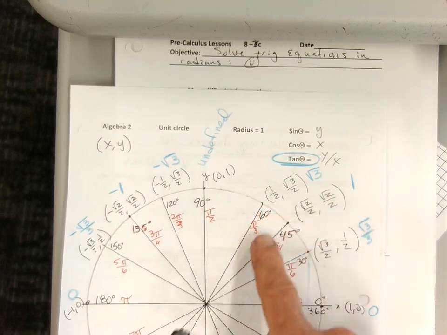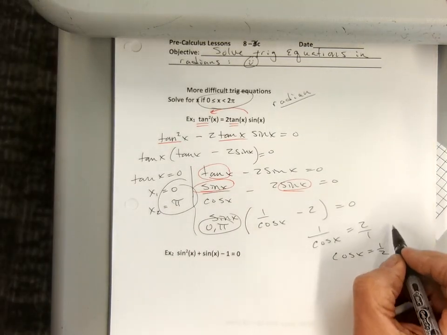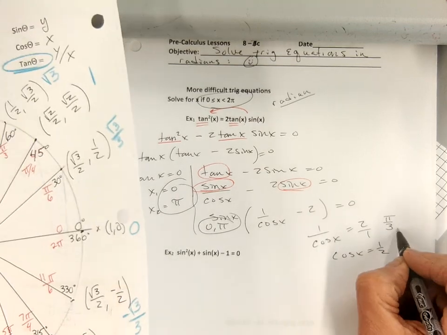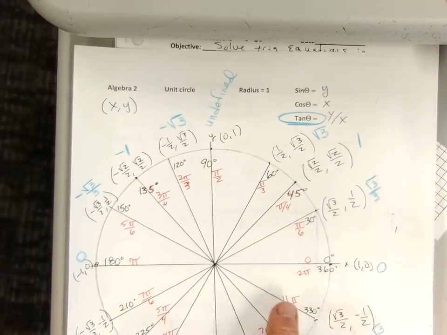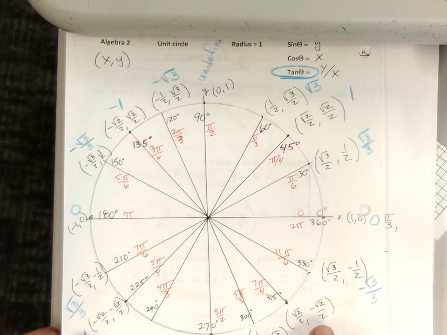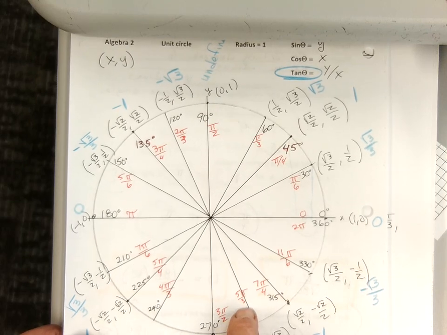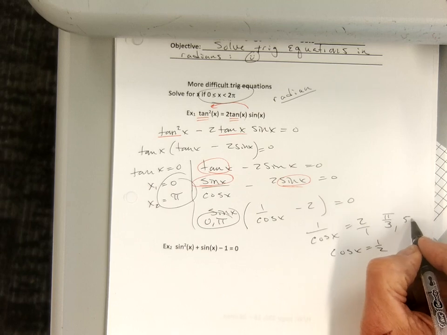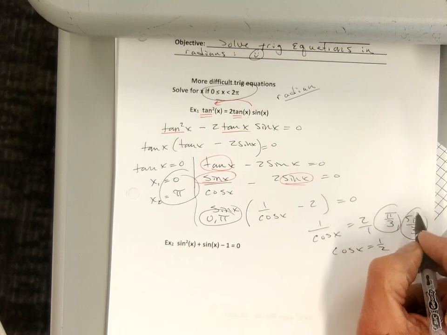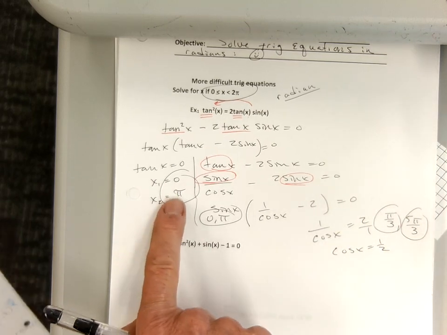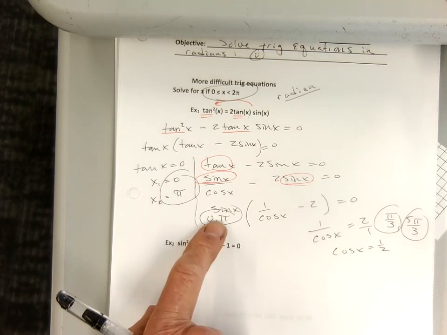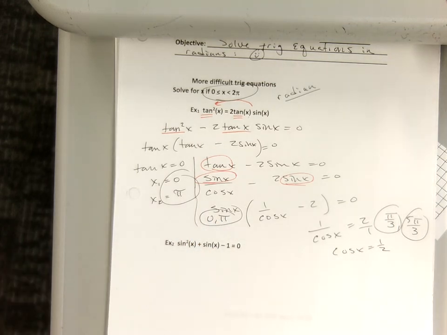Cosine is the x value at pi thirds, and x value of 1/2 is also at 5 pi thirds. Okay. So I really get 4 answers because those are repeats. Okay, all right, these are the fun ones.